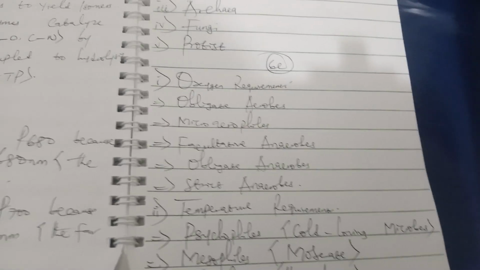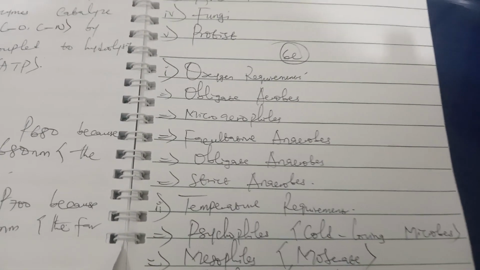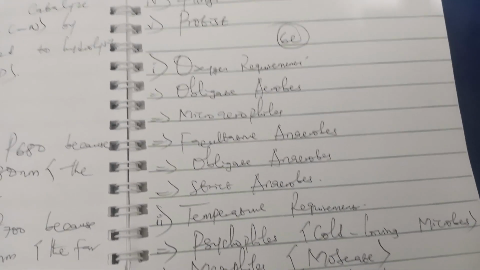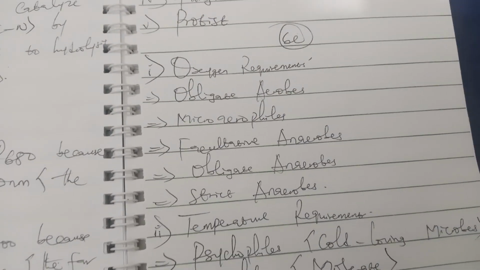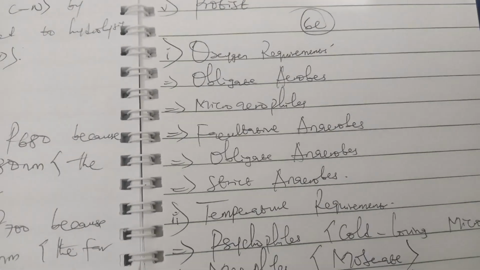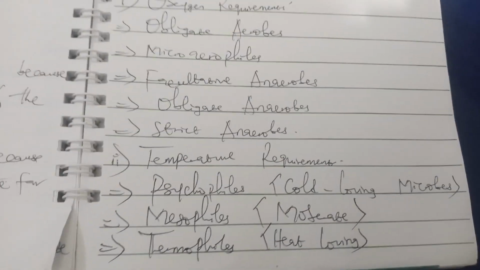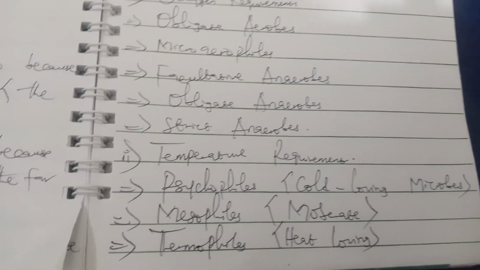Nutritional requirements. Now let's go for the first one. Oxygen requirement, we have the obligate aerobes, microaerophiles, facultative anaerobes, obligate anaerobes, strict anaerobes. All right. Now temperature requirement, we have the psychrophiles, that's cold loving microbes, mesophiles, moderate loving, thermophiles, heat loving. You understand? Now to the next one, which is the what? pH requirement.